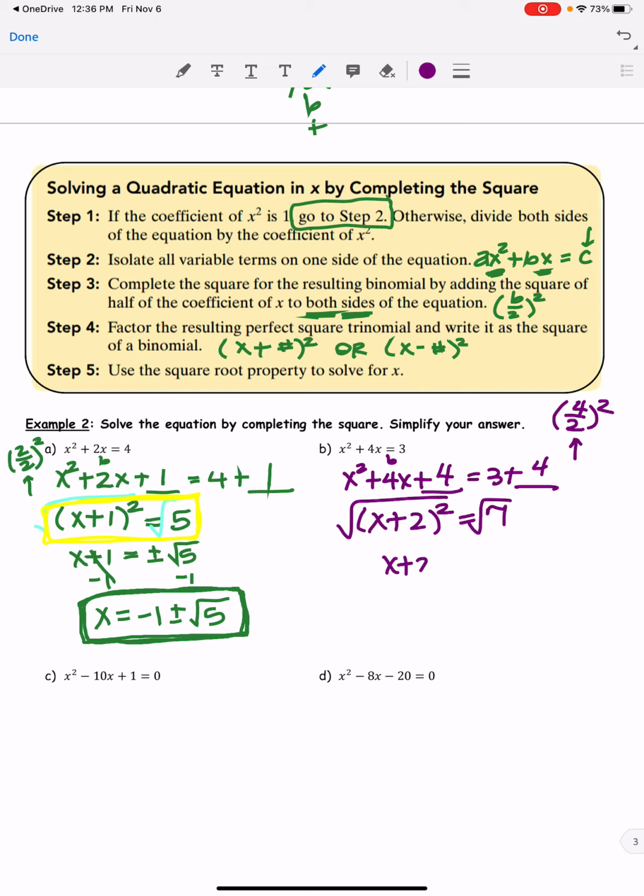So this is x plus 2 equals plus or minus, 7's a prime number as well, so square root 7. And then your last step is to subtract the 2. So we get x equals -2 plus or minus the square root of 7 as your two answers.